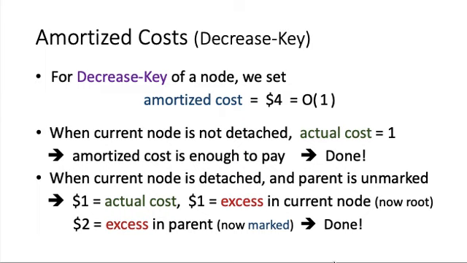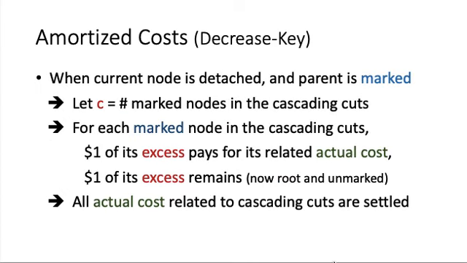Okay, what is more complicated is the following. There will be an event of cascading cuts. When the current node is detached and the parent, before the detach, is already marked, then there will be cascading cuts. The current cut is not cascading. The cascading cut is when a marked node is detached from its parent.